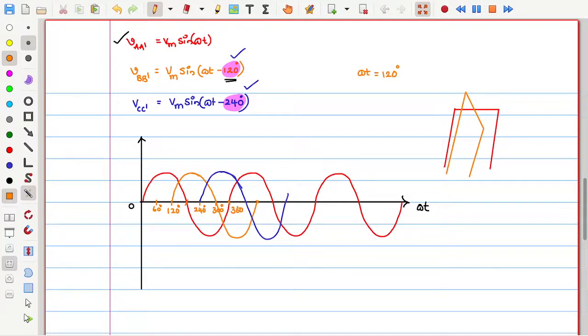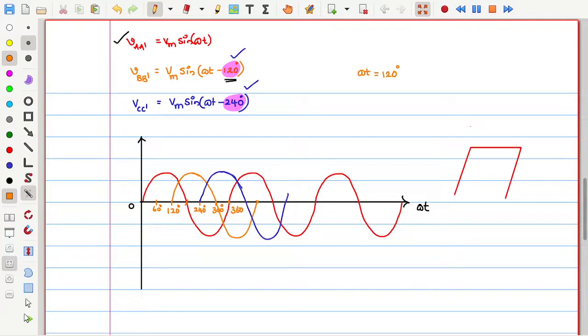Let me place it in a slightly different way. If it has some tilt, it looks like a 3D view, and I want to show how exactly it looks.